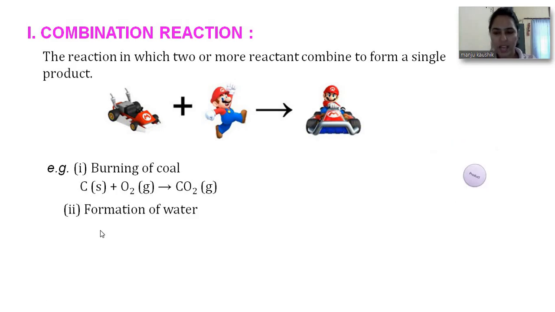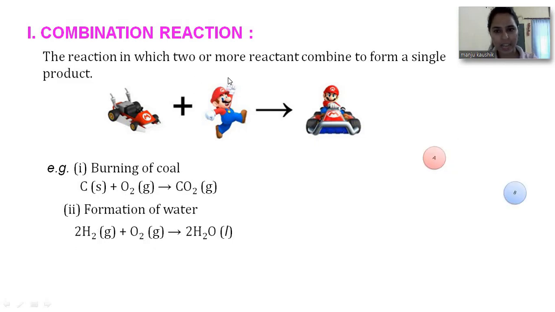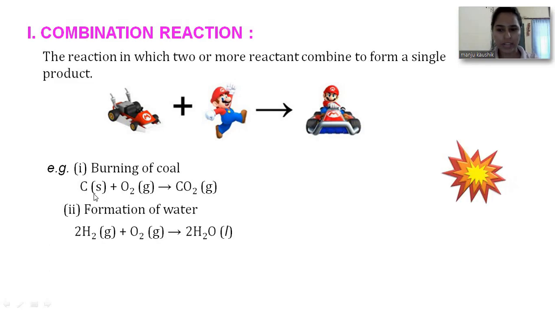Formation of water. Water forms by the combination of hydrogen and oxygen gases. So when hydrogen and oxygen gases combine, they react to form two molecules of water. As I have told you earlier in the definition also, when two or more reactants combine to form a single product. In these two examples, two reactants are combining to form a single product.